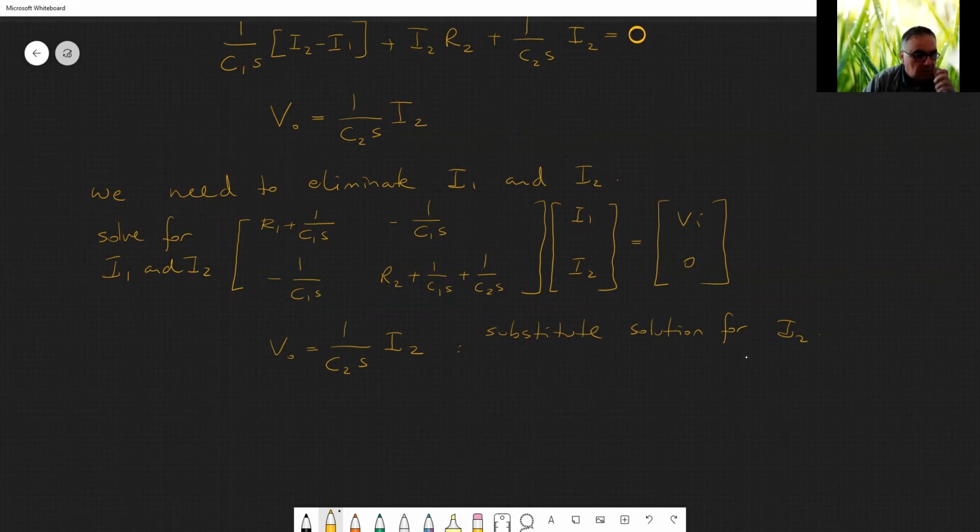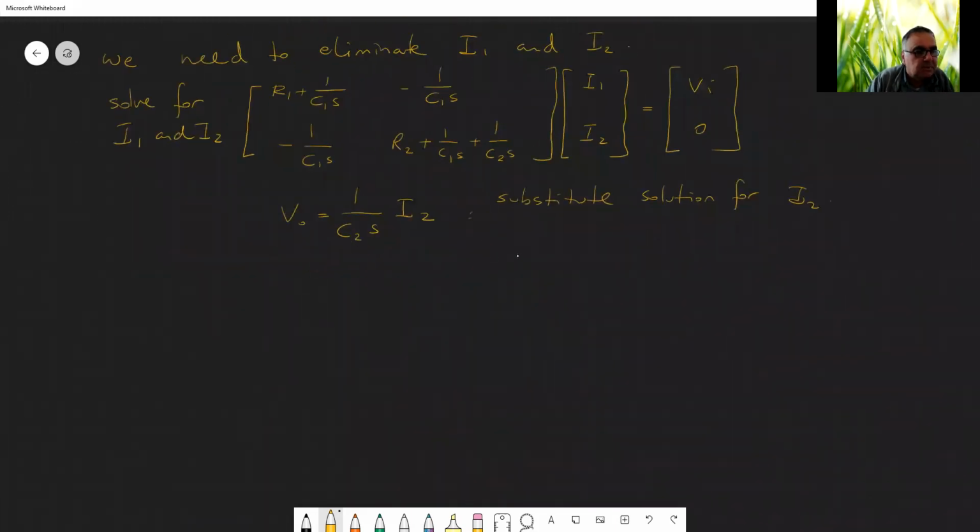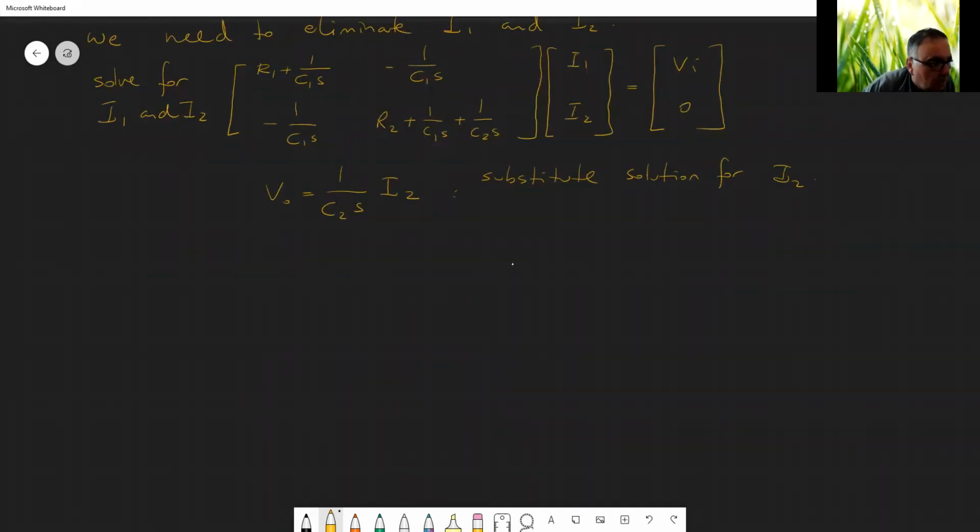So if you want, you can do, for example, Cramer's rule. I2 gives you the following determinant, R1 over R1 plus 1 over C1S, minus 1 over C1S.